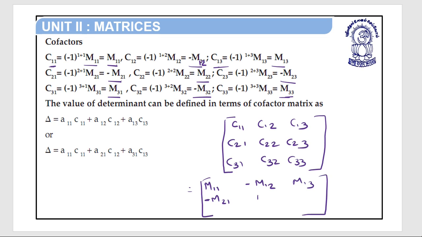C22: 2 plus 2 is 4, so M22. C23: 5, so minus M23. C31: 3 plus 1 is 4, so M31 positive. C32: 3 plus 2 is 5, so minus M32. C33: 3 plus 3 is 6, so M33.